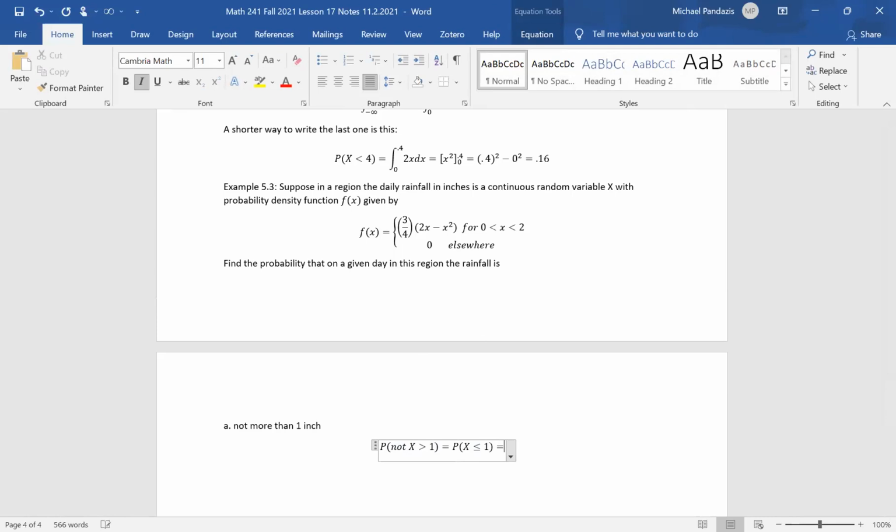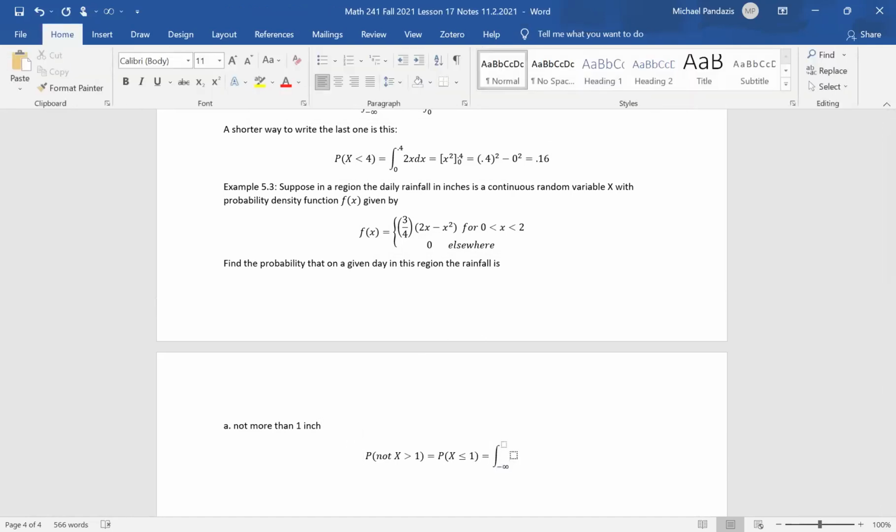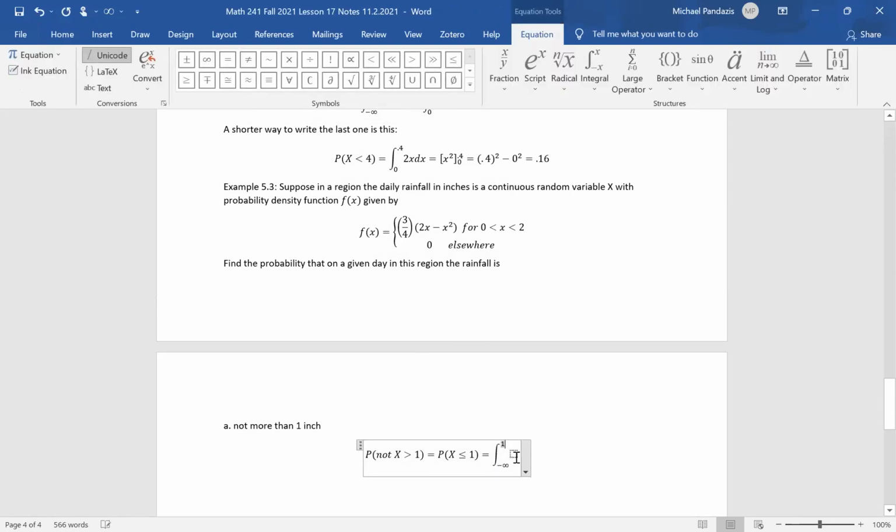And so this is equal to just the definite integral from negative infinity to 1 of this PDF function. Now you plug in that PDF function.